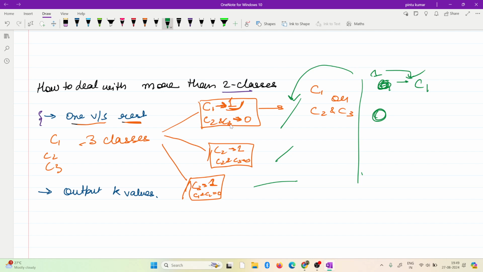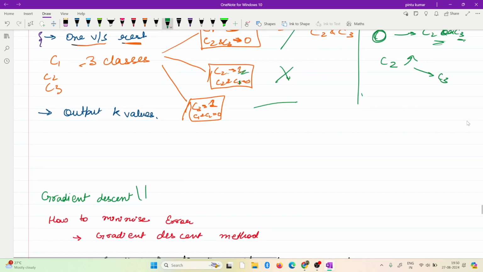Then you will have class from C2 or C3, right? Then you can do this kind of testing. You can pass it through model 2. There, if it says it is from class C2, you are fine. If it says it is not from class C2, then you can infer that it is from class C3 because it was one of C2 and C3. So this is how you go step by step in one versus rest.